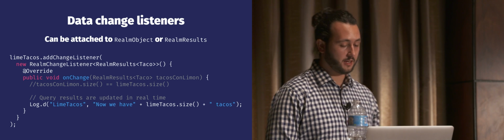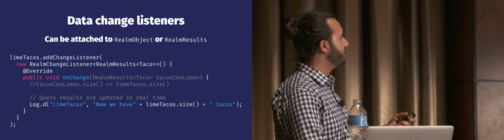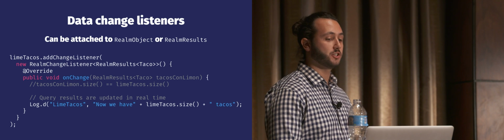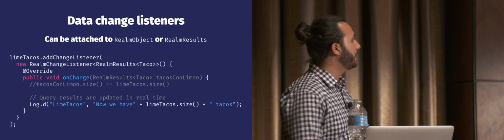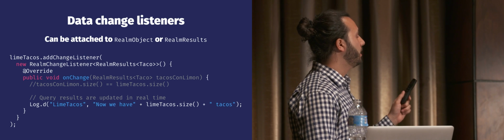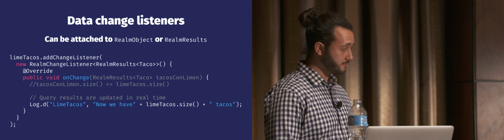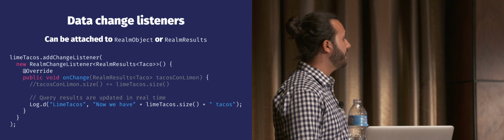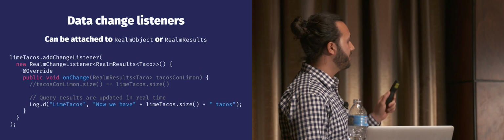A really great thing and really nice addition with Realm is that we can attach change listeners onto a Realm object or a RealmResults. So in this example, I've attached a change listener onto my list of lime tacos. So whenever something gets added or something in the list gets changed, this change listener gets called, and I have this callback.